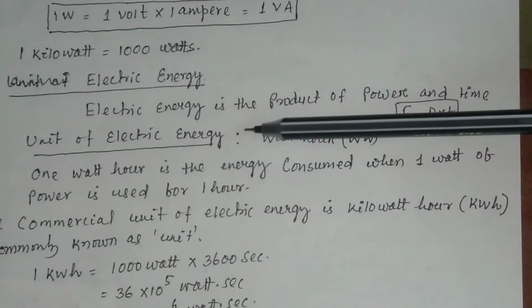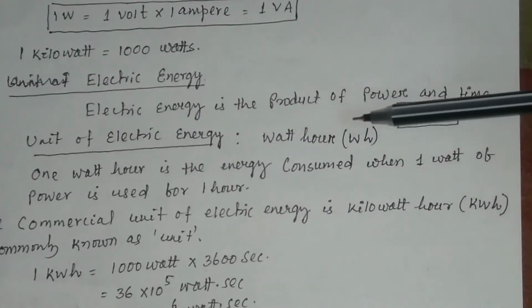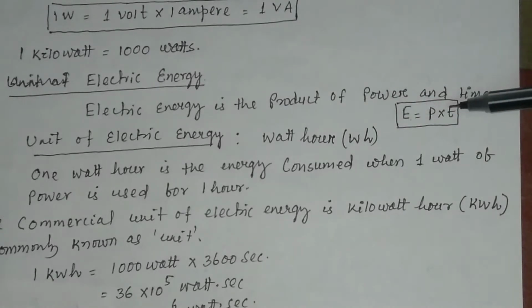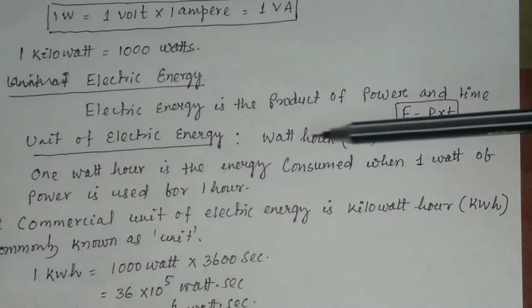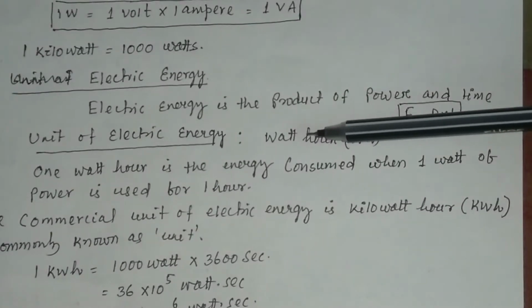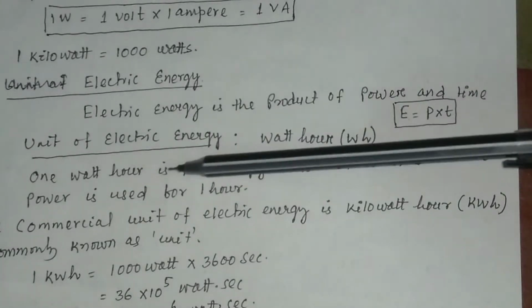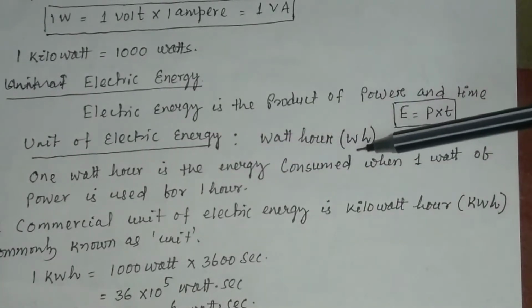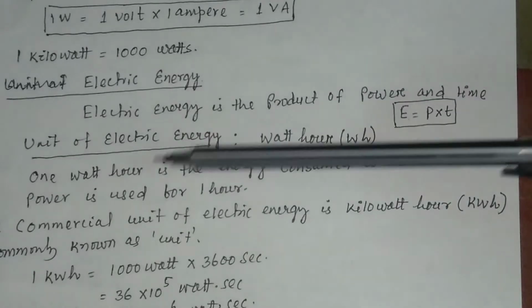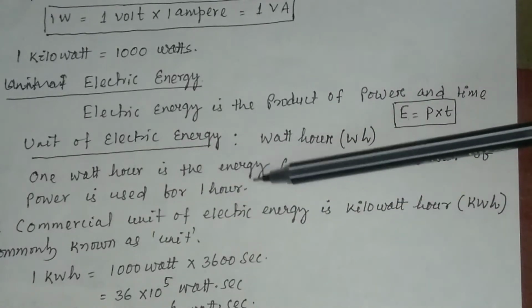What is the unit of electric energy? The unit of power is watt, and for time we take hour. So the unit of electric energy is watt hour. It is written in symbol as WH. 1 watt hour is the energy consumed when 1 watt of power is used for 1 hour.